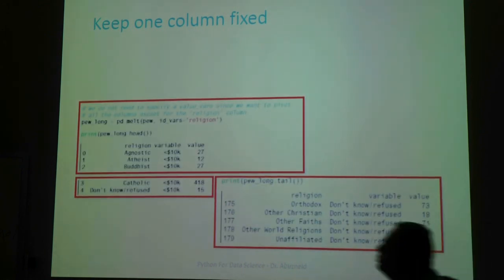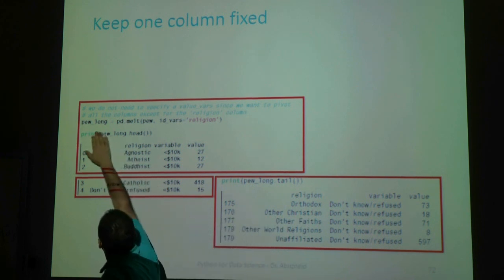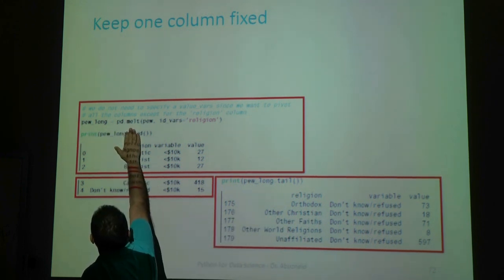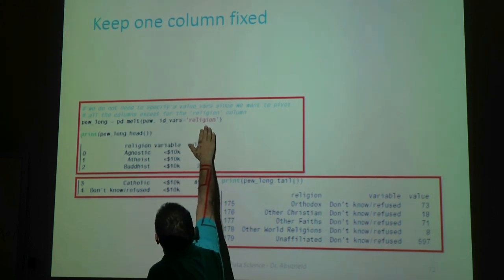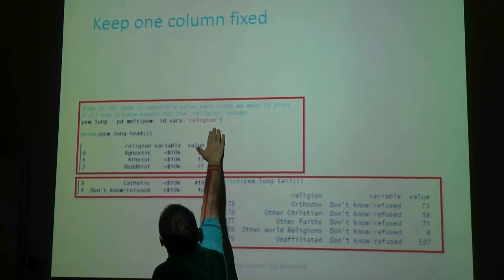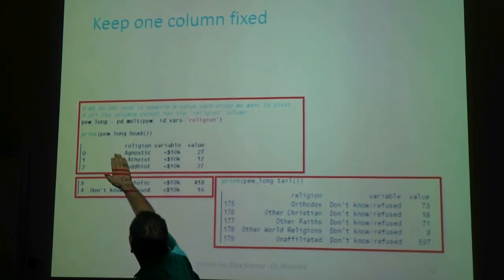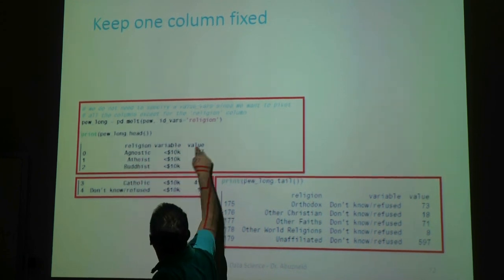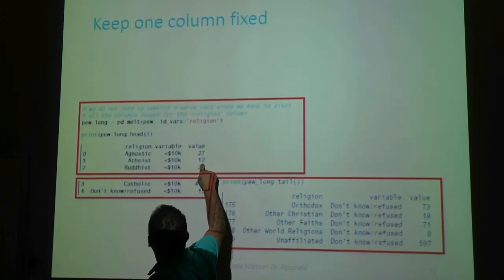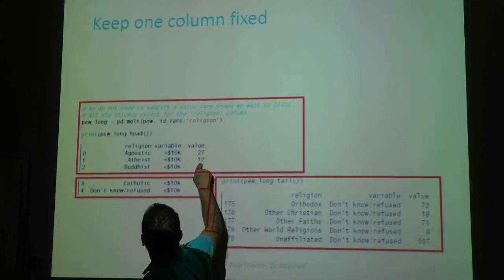So in here what we do: we have pd.melt, the data set, id_vars religion. So this is the only thing kept; everything else will be melted. When you print it now, look what you have: the religion, variable, and the value.